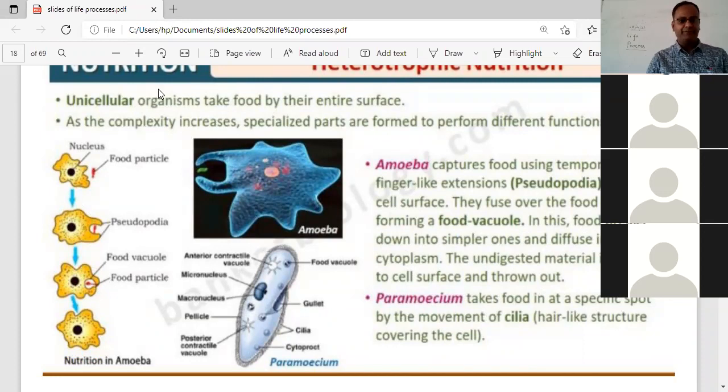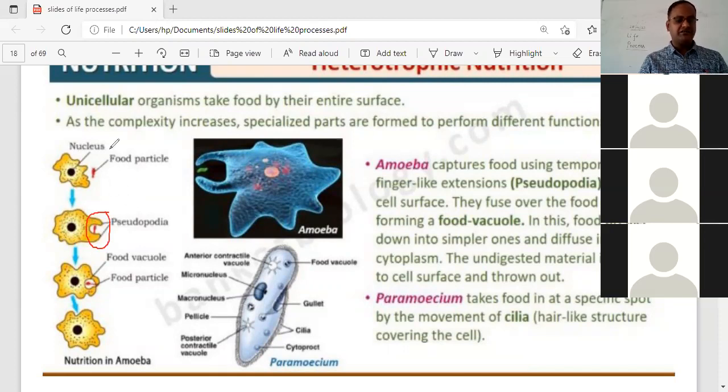Now, see what happens during the process of nutrition in amoeba. In this organism, the food capturing process takes place through pseudopodia. What is pseudopodia? These are the false feet. The word means false feet.